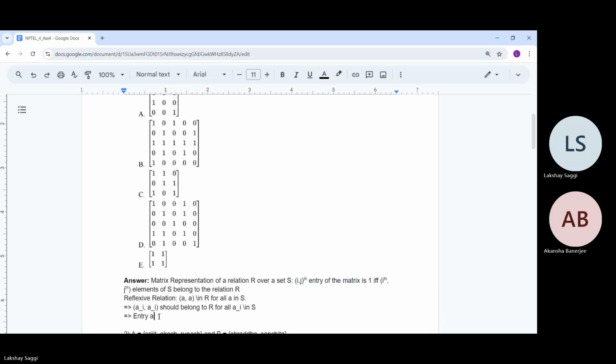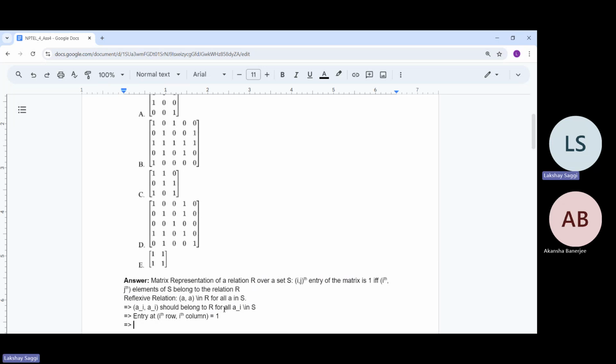Right? So basically the entry at ith row, ith column is equal to 1.